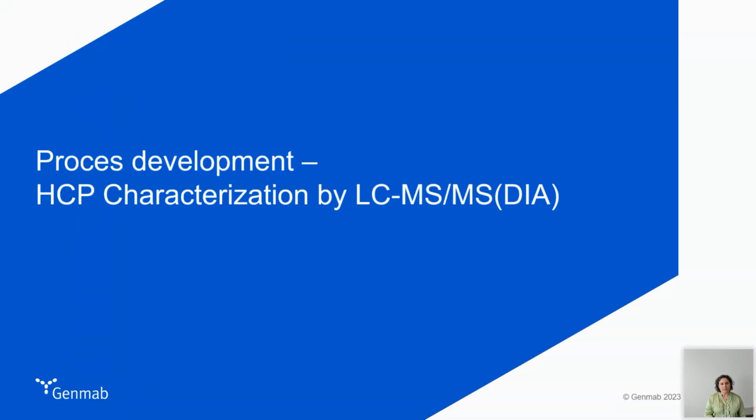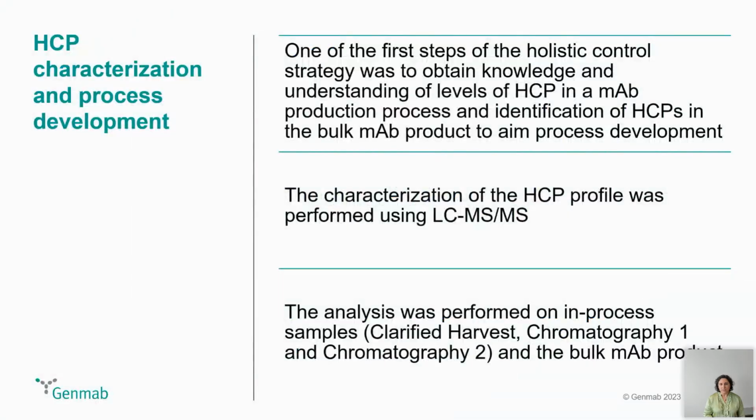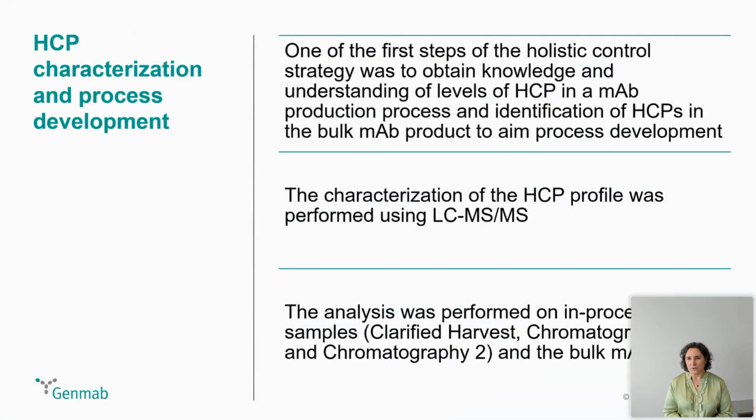So going to process development and HCP characterization. One of the first steps in the holistic control strategy was to obtain knowledge and understanding of the levels of HCP, but also what type of HCPs were in our mAb production process, and what were the HCPs that were remaining in the bulk drug substance.